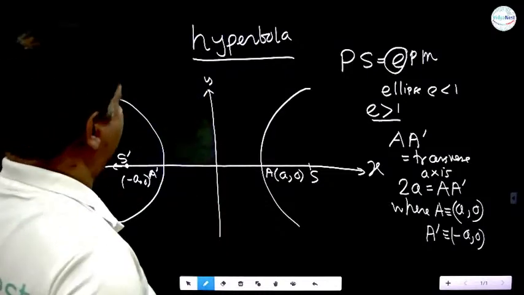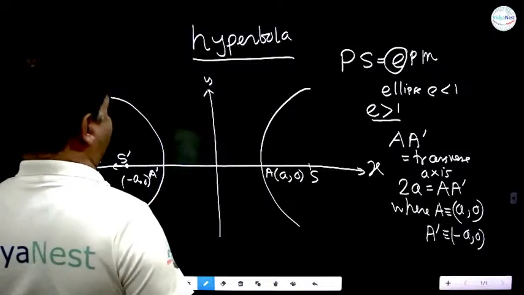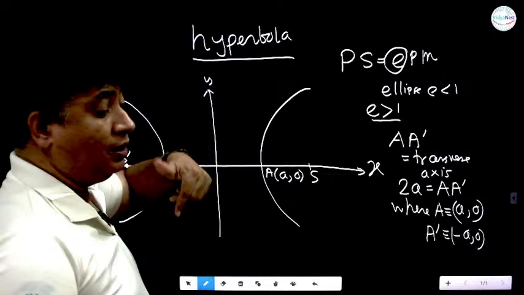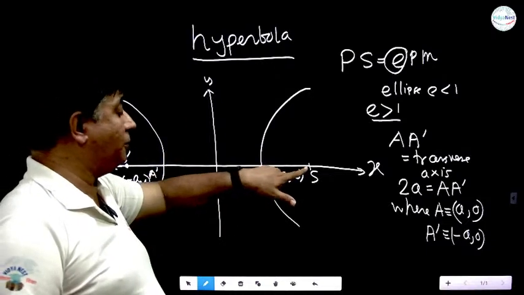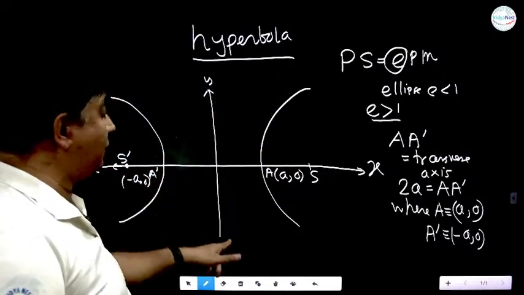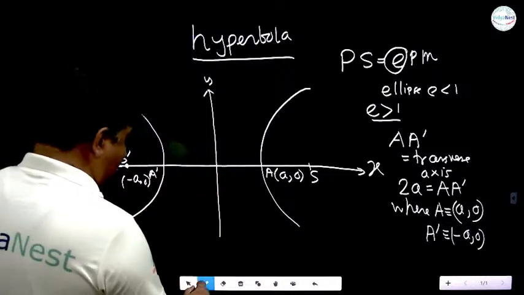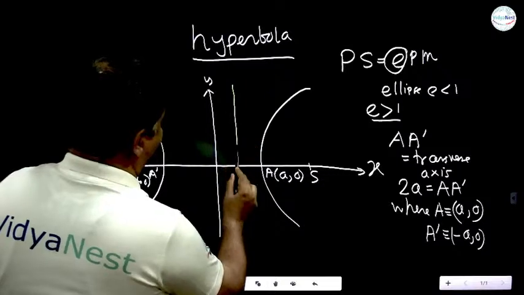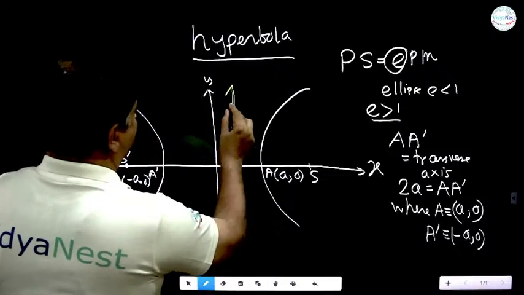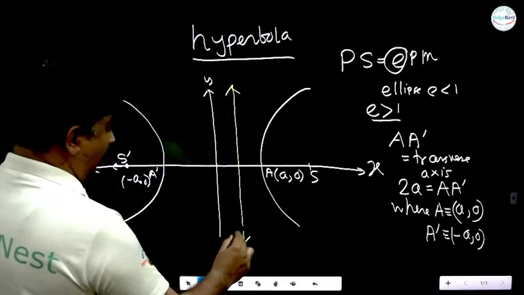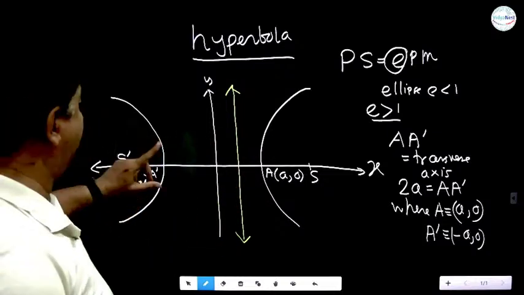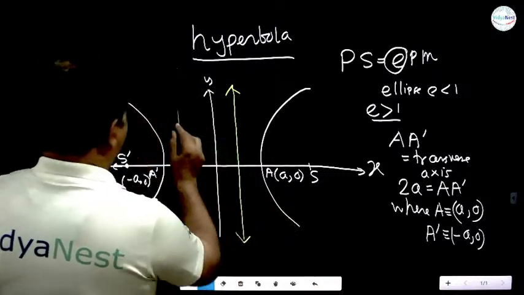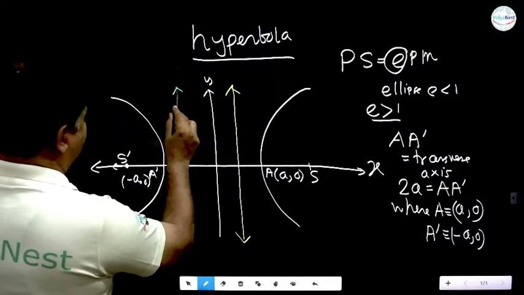Now, what is PS is equal to PM? In parabola you were taught that opposite to the focus there is a straight line called the directrix. So here we get a directrix like this, but with two curves, that means two directrices. This curve's directrix is like this.